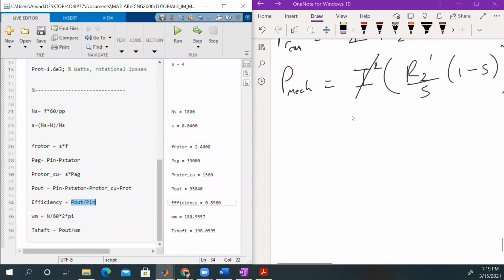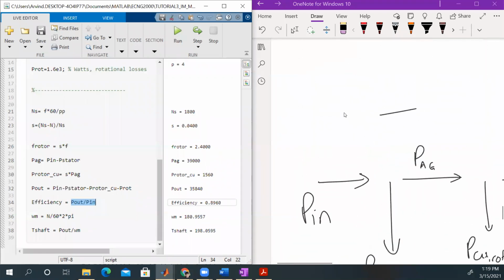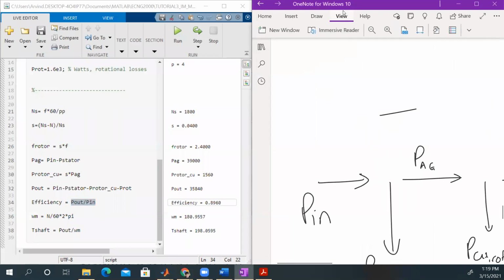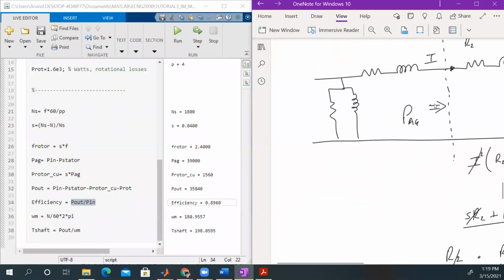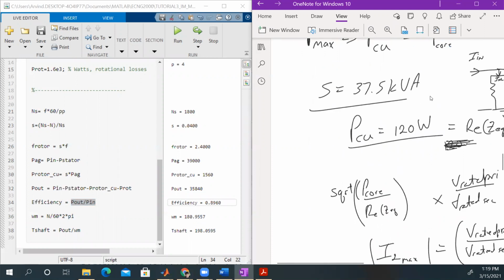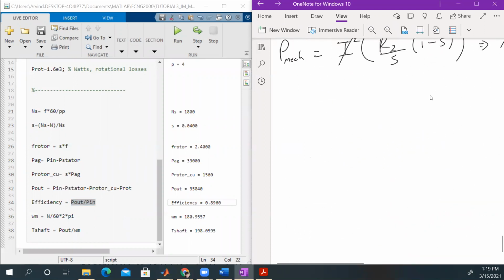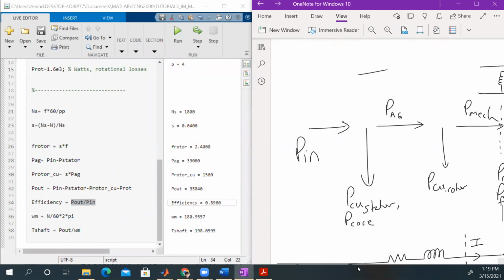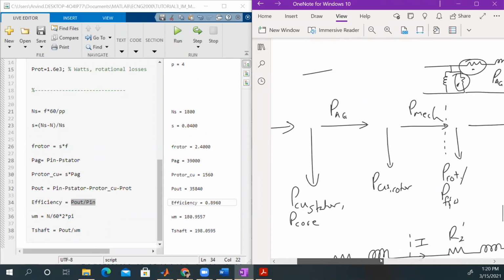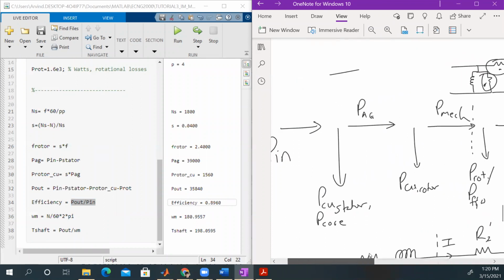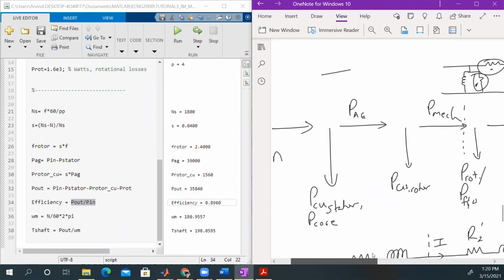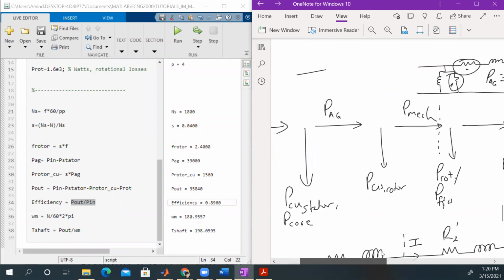So we'll see that here in our diagram. Right, if we look at our diagram, we'll see there are three losses: the stator losses, including the core and the stator copper losses, the rotor copper losses, and the rotational losses.